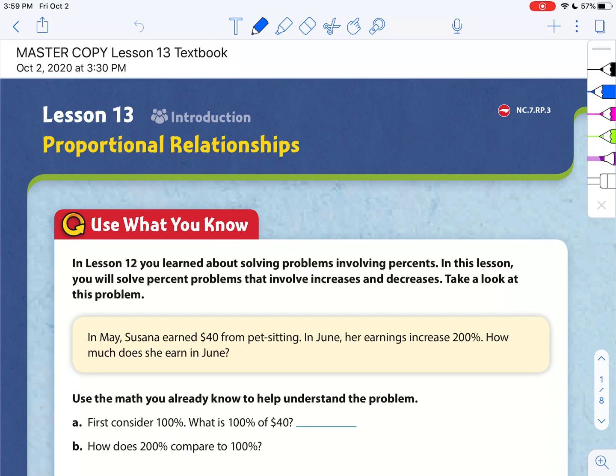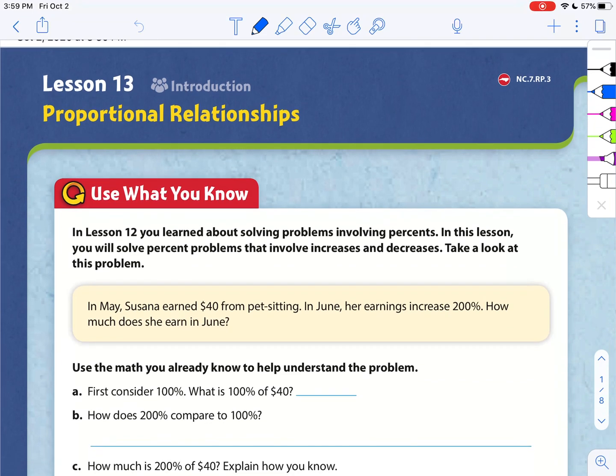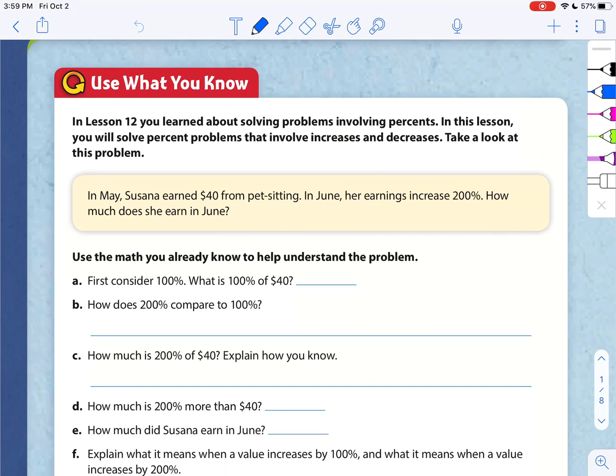In May, Susanna earned $40 from pet sitting. In June, her earnings increased 200%. How much does she earn in June? So we know she began by earning $40, and then it increased, so that amount she started earning went up.